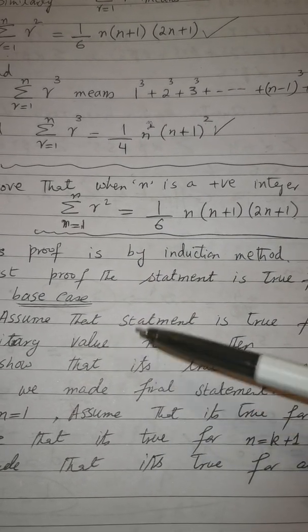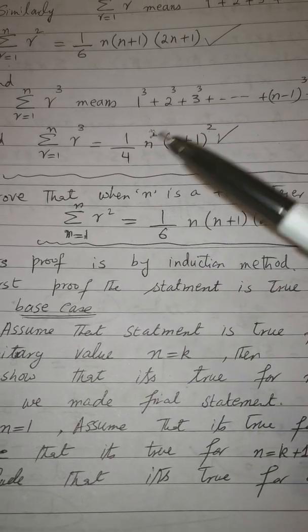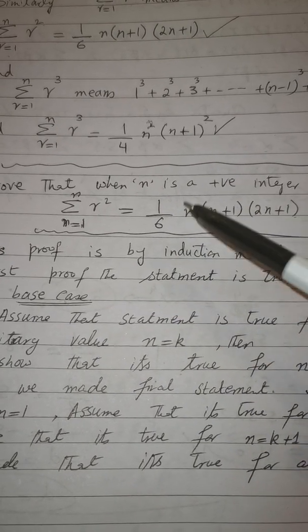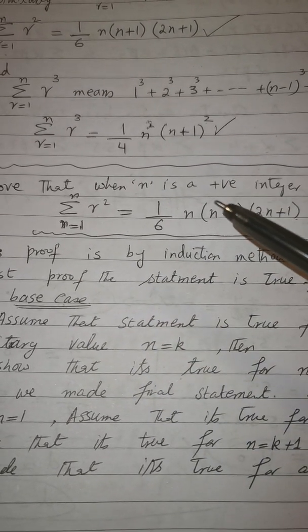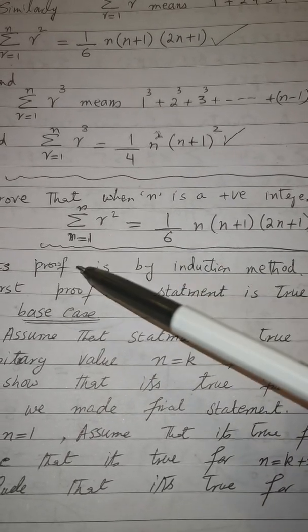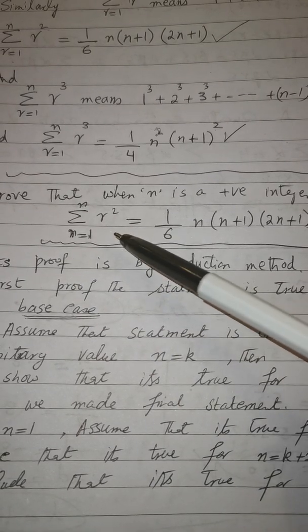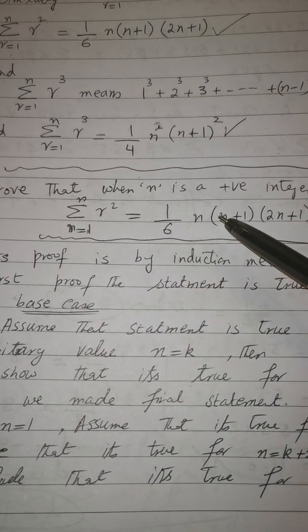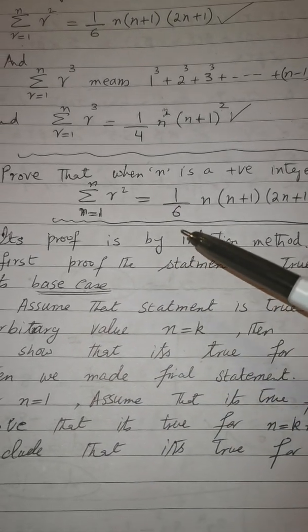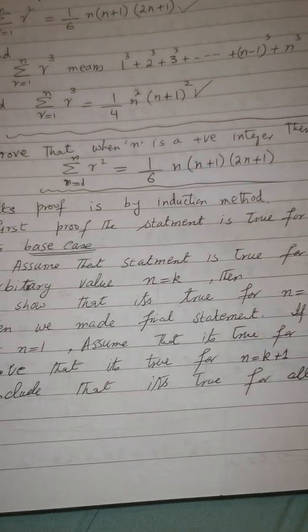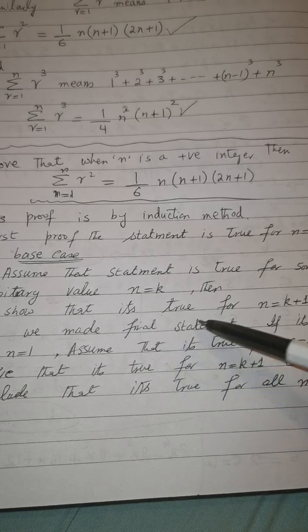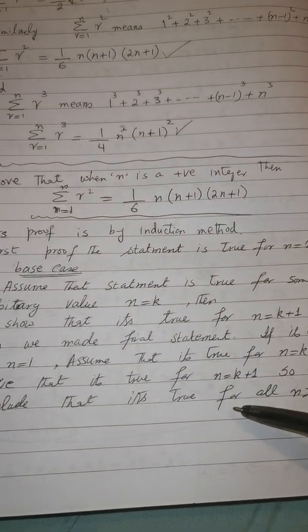This is our assumption. And next we will prove that this statement is true for n is equal to k plus 1, which is the next term of k, right? So we prove that this statement is true for n is equal to k plus 1. Then after all these things, we will give our final statement that we show that it's true for n is equal to 1.